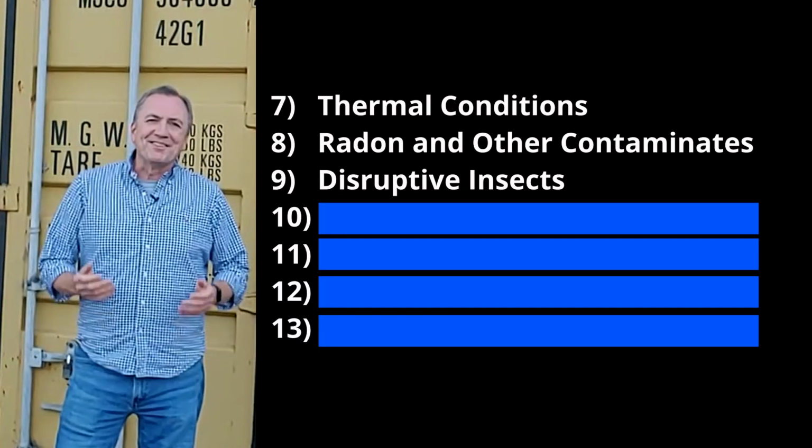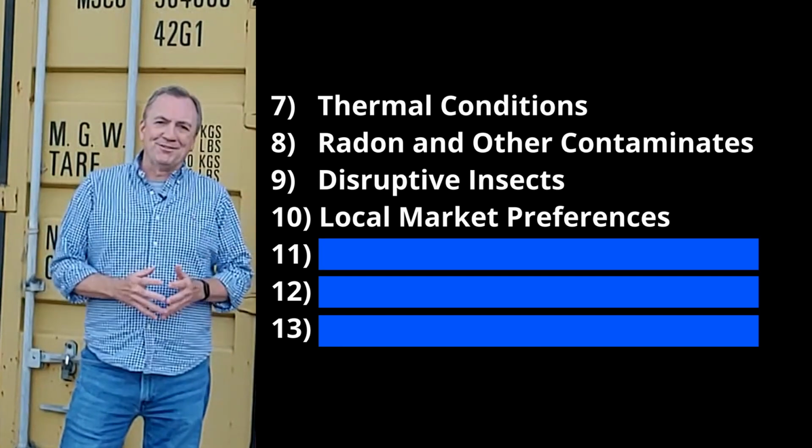Number 10 is local market preferences. Some markets in the world are really geared more to one type of construction than the other. I touched on this in a previous video, but let me elaborate a little bit. There are some areas where the materials aren't really available to build a shipping container foundation with concrete, for example.